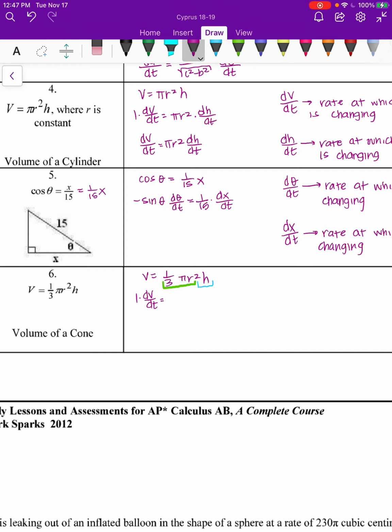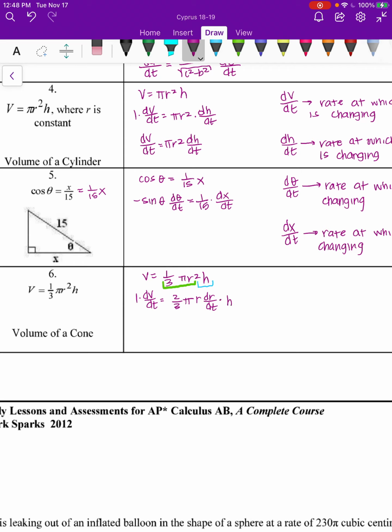So the derivative of the first piece, 1/3 pi r squared, is taking that 2 from the exponent and multiplying it out front to get 2/3 pi. And then r becomes r instead of r squared, times dr dt, that's part of that derivative.